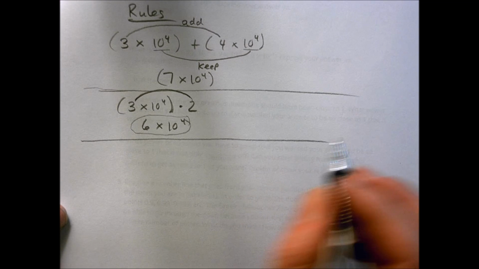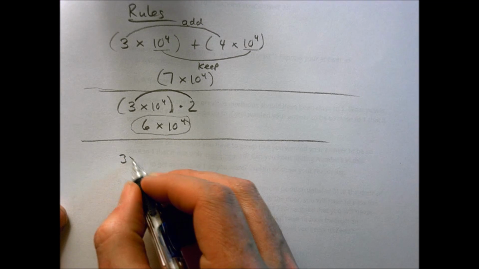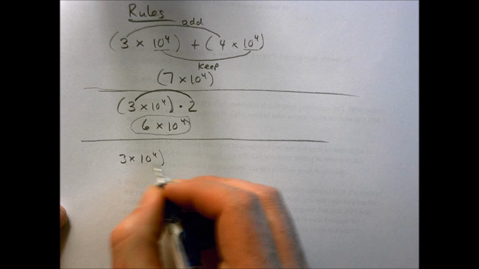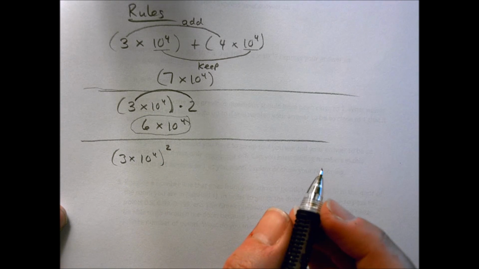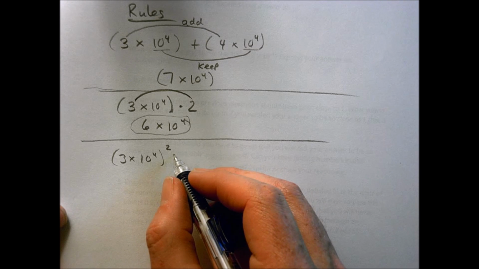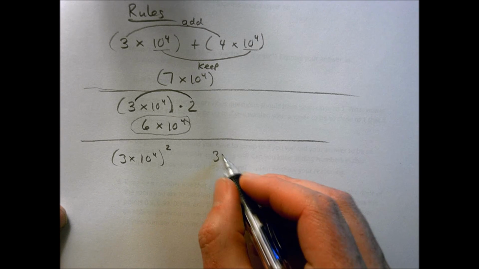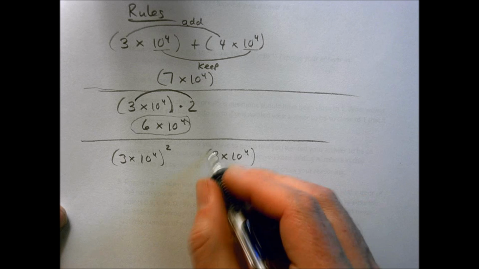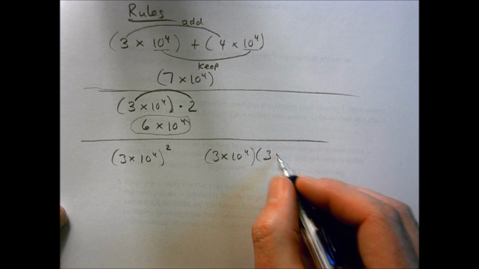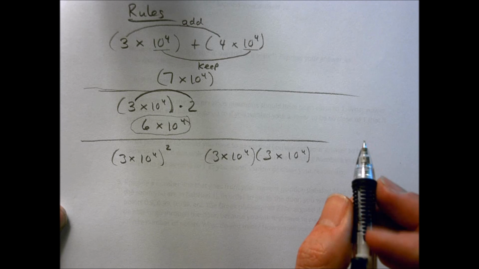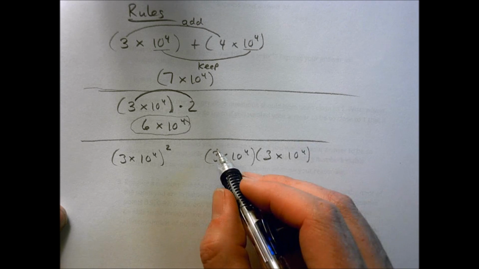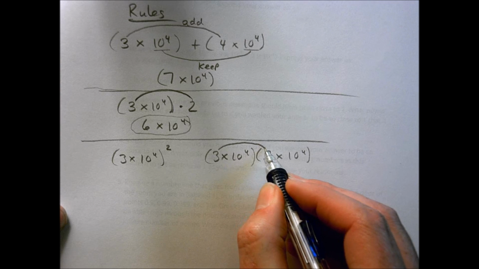Maybe you have 3 times 10 to the fourth, and then we're going to square that. Squaring it is like saying 3 times 10 to the fourth times 3 times 10 to the fourth. You're going to multiply those together.